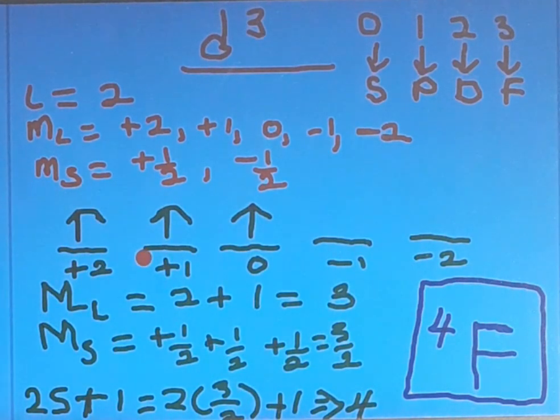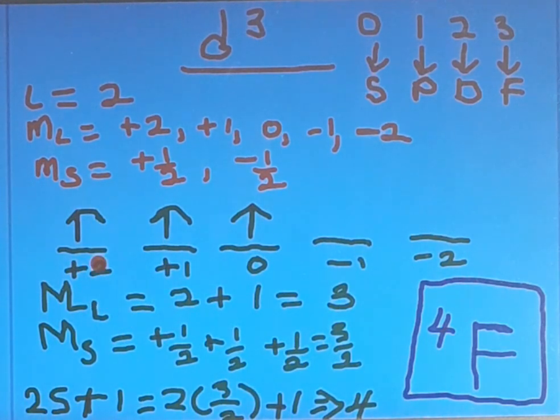After filling them with the electrons, we have to determine the total orbital angular quantum number. To determine it, we have to add together the orbital angular quantum number of each orbital that contains an electron. So since we have an electron in this orbital, this, and this, we add them together.